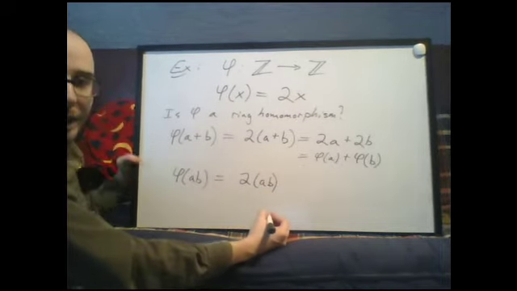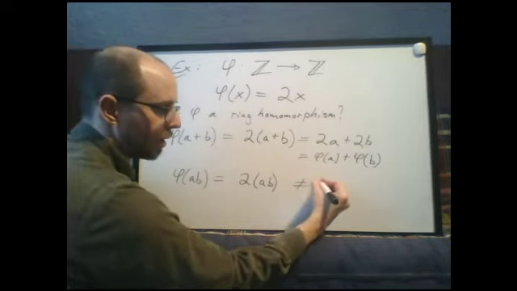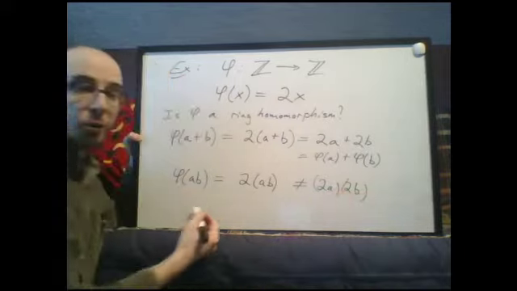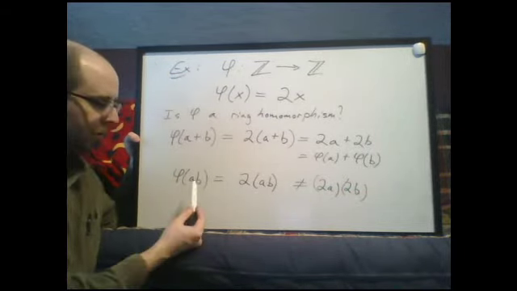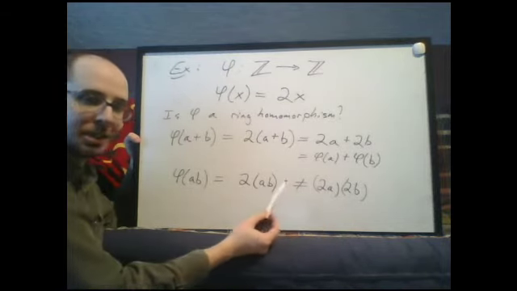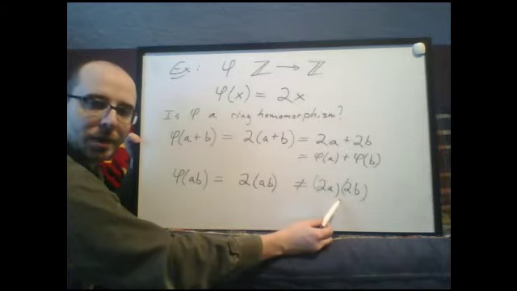In general, this is not going to be the same thing as 2a times 2b. For specific a or b, it might. Like if one of the two numbers is 0, then yes, these would be the same. But in general, this is not the same thing as this for arbitrary a and b.